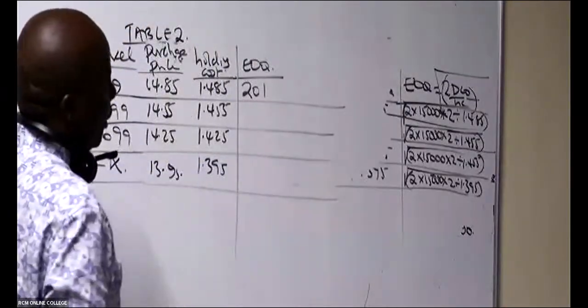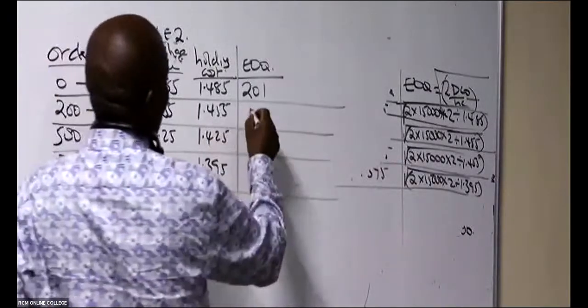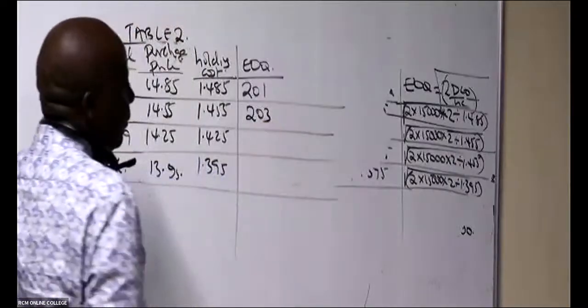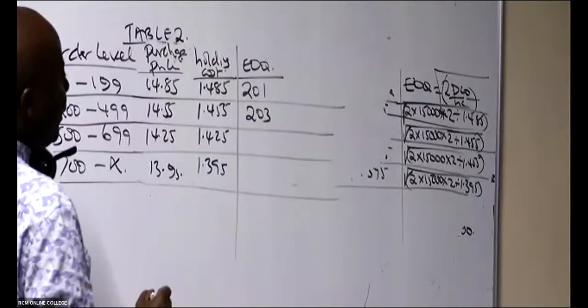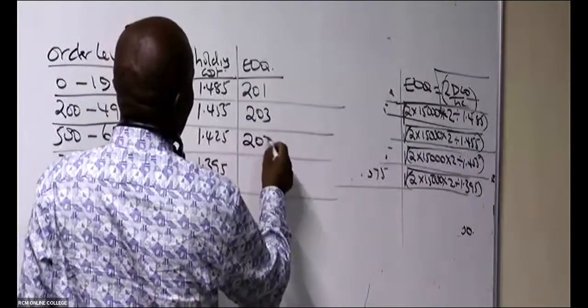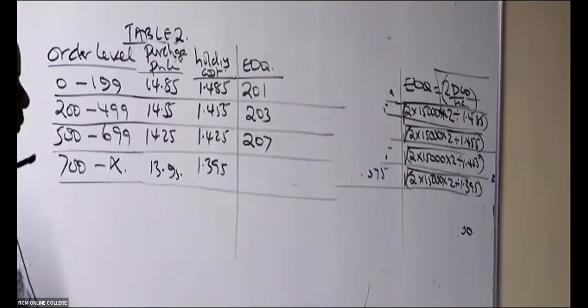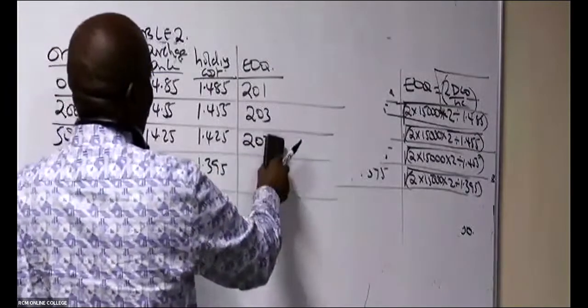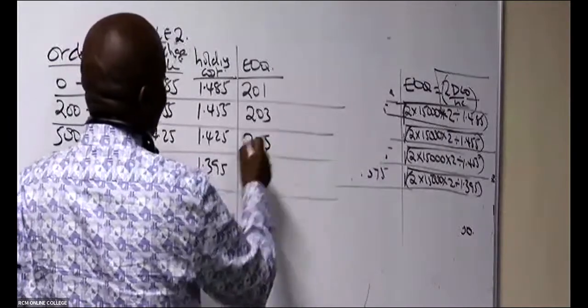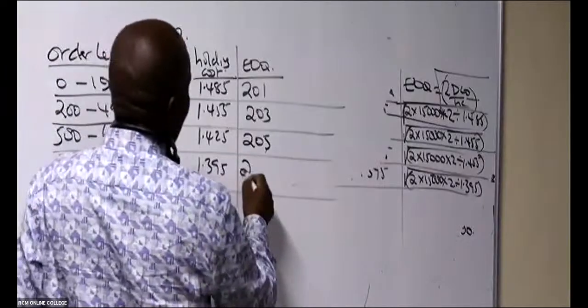The second one is 203. The third one is 207. 201, 203, 205 first, I'm being told it's 205. And then the last one is 207.